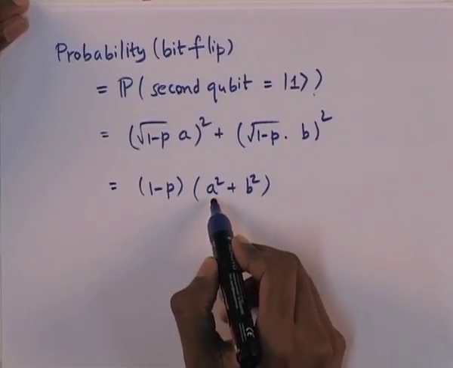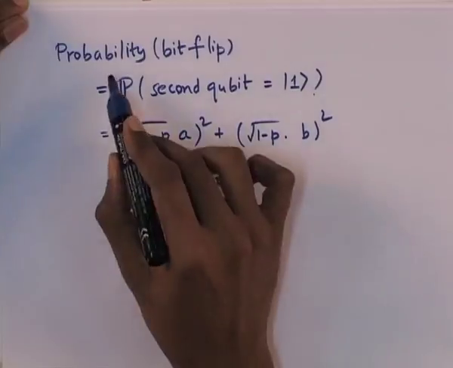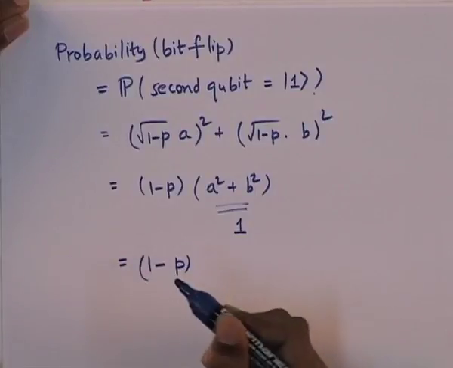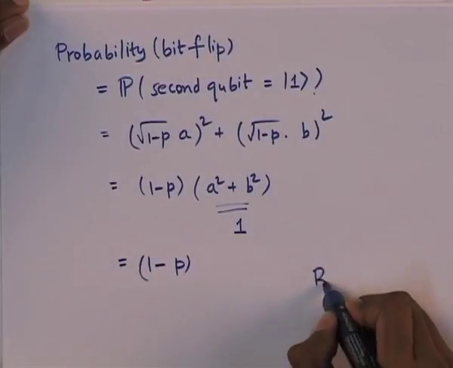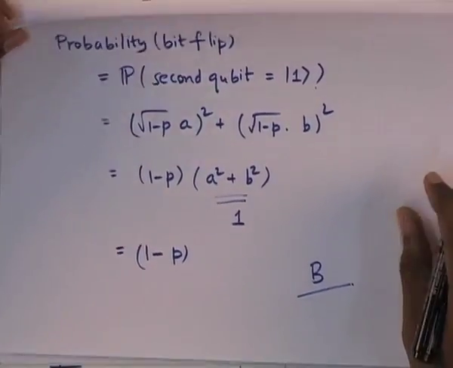So a square plus b square should be equal to 1. So the probability of a bit flip is 1 minus p. So the correct option is option B, which says a bit flip with probability 1 minus p.